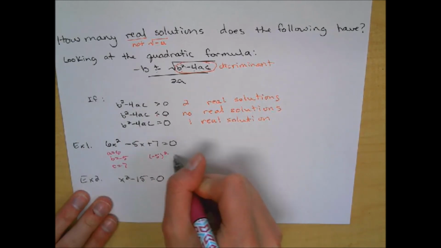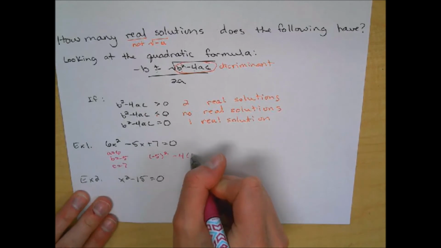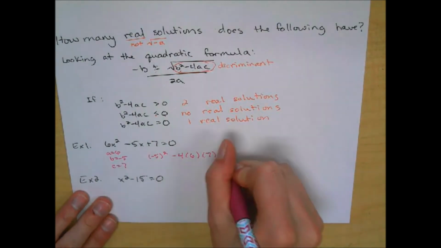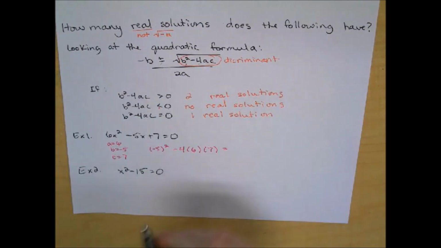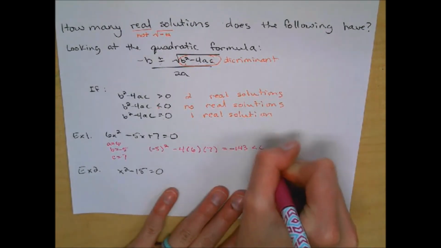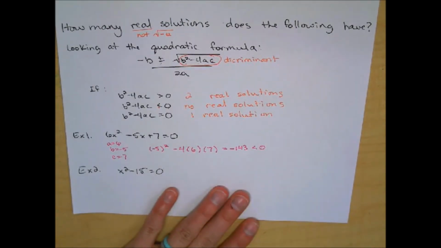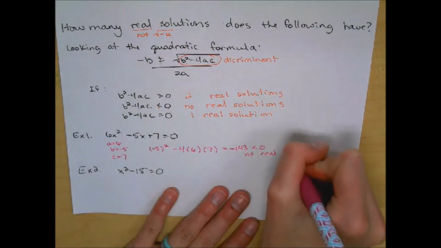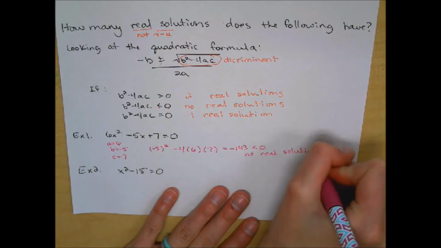B squared minus 4AC. Plug that in your calculator or do the math. I get negative 143, which is less than 0. No real solutions.